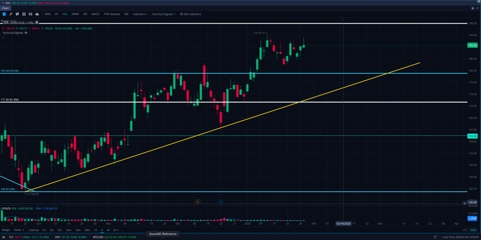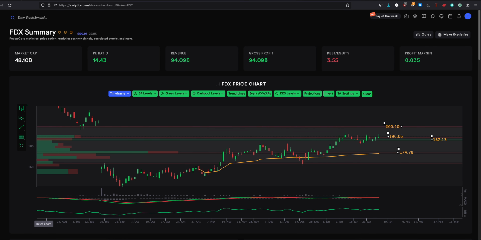But one thing I am interested in is I want to look at different things like gammas and dark pools. So here's TradyTix, which is what I use for my flow data and different things like that. Here are some gamma exposure levels, and I have different specific videos that talk about what these are. I'm not going to waste too much time on that, but basically I've laid them out here: 200, 190, 187, 175.